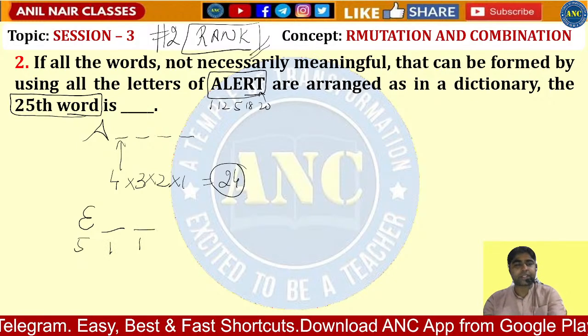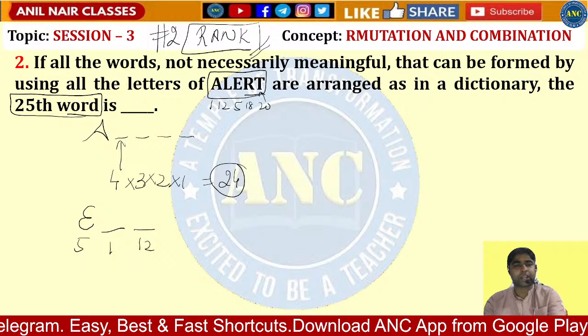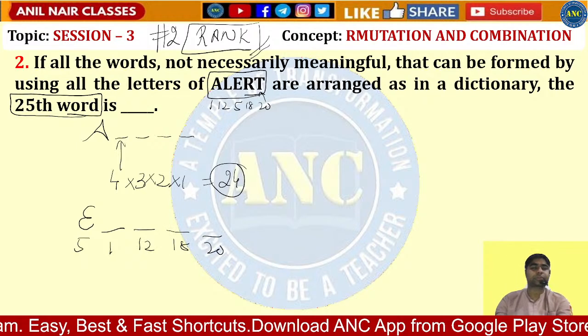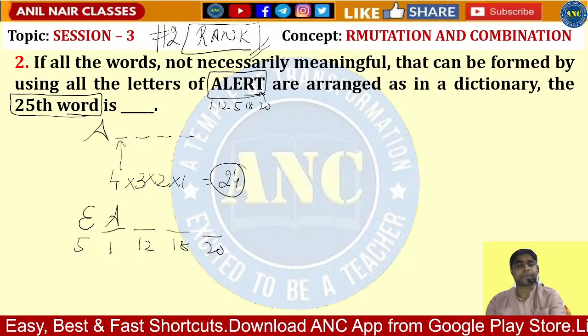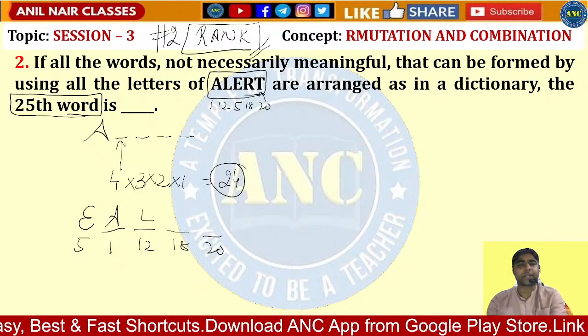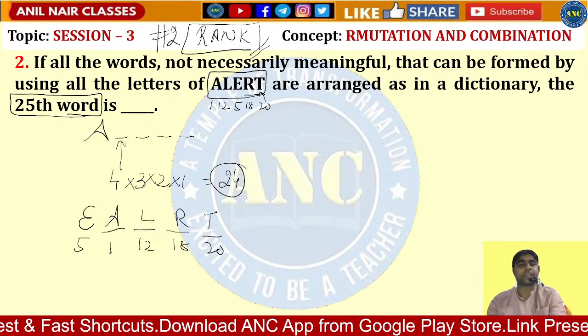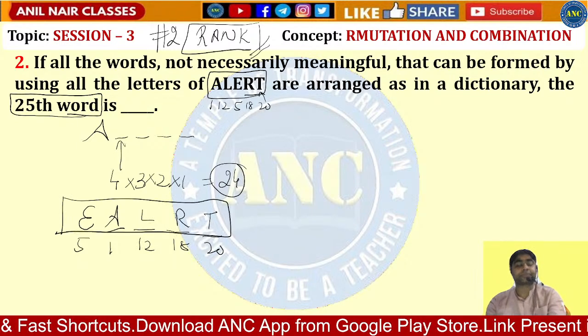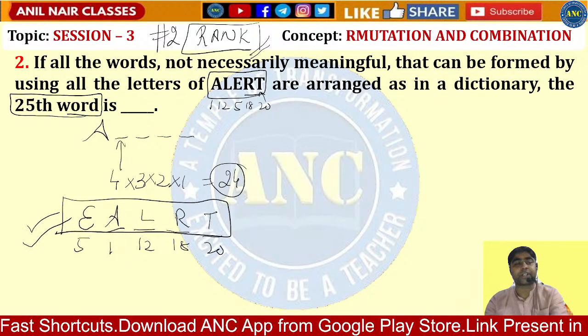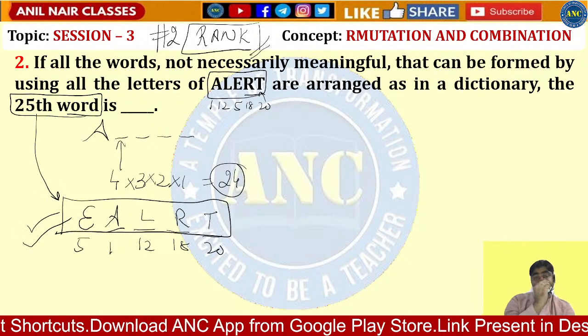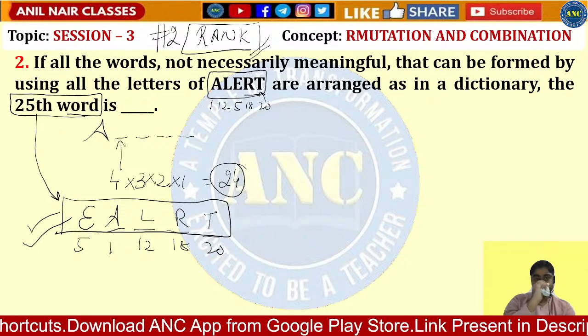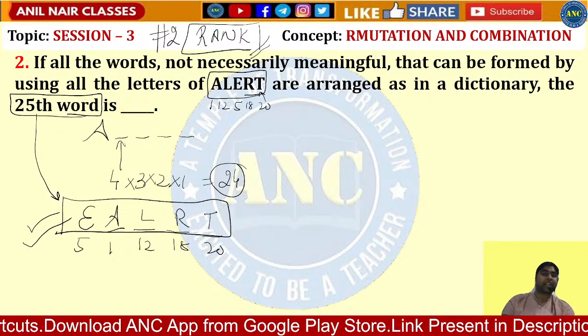Then the ones with 12, 18 and 20 would be coming. So what is 1? It is A. What is 12? It is L. What is 18th? It is R. And what is T? So EALRT is going to be my 25th word.